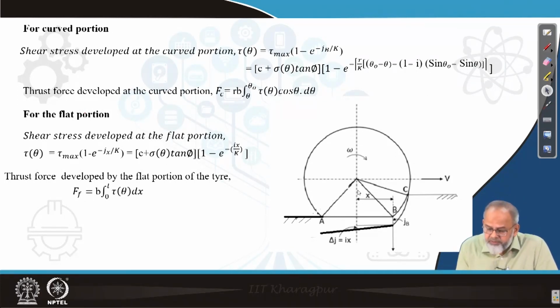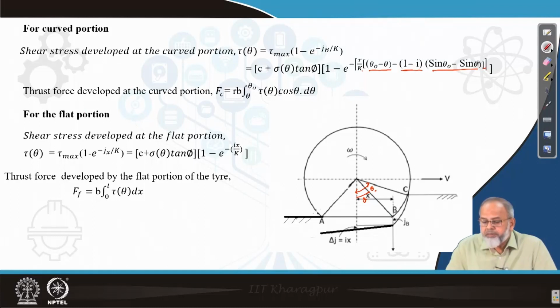So theta 0 is the entry angle, this is your theta 0, and theta is, that means corresponding to point B, the angle is theta from the vertical, and corresponding to point C, the angle is theta 0. So now the displacement Jb I have replaced with r into theta 0 minus theta minus i into sin theta 0 minus sin theta. So this will be the expression for shear stress.